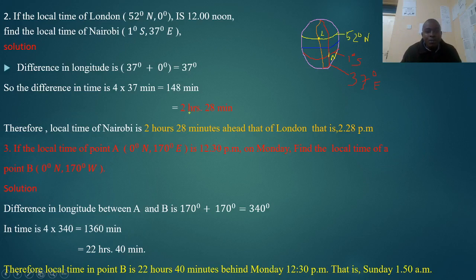So that is the time difference. Remember, we are here in London and we want to go to Nairobi, and Nairobi is ahead of London by 2 hours 28 minutes.